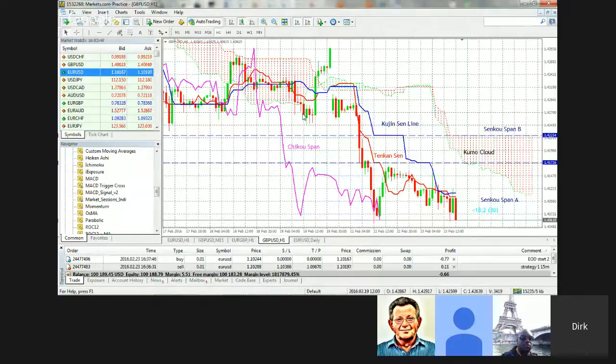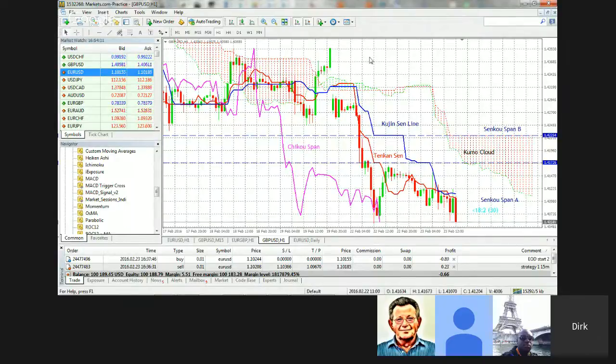Okay. Technically, I tend to maybe just wait a little bit longer for a clearer signal, because what tends to happen is with the start of any new trend, it always tends to happen with a Kumo break. In other words, price breaking the Kumo to the bottom or to the top like here.